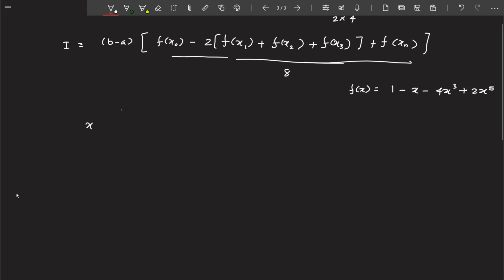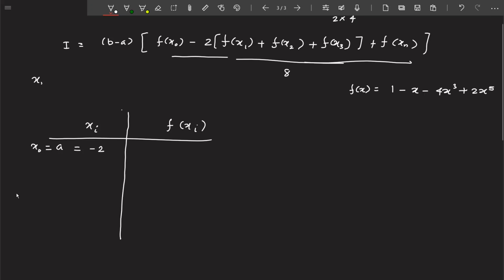First we are going to take xi, then we are going to take f(xi). Okay, so we'll start with x0, and what is the value of x0? It's nothing but a, and it's nothing but −2.